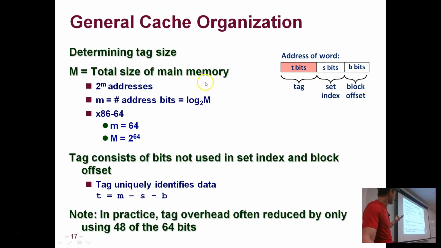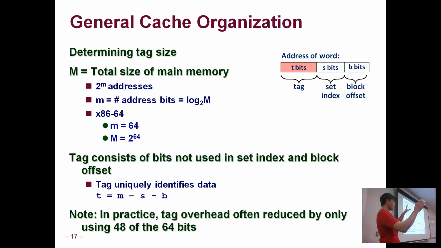So, for example, if we have a 64-bit architecture, it can address 2 to the 64 addresses. And so the number of bits in that address is 64, and then the total size of memory is 2 to the n. So we use this little m as the number of address bits in the address. And then the tag is going to consist of the bits that aren't used between the set bits and the block offset.